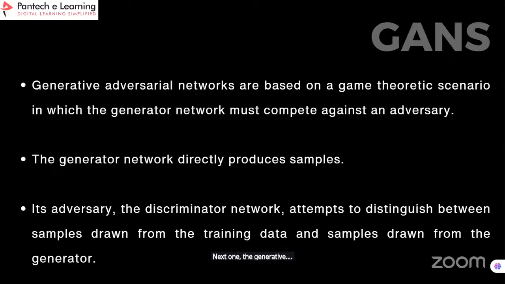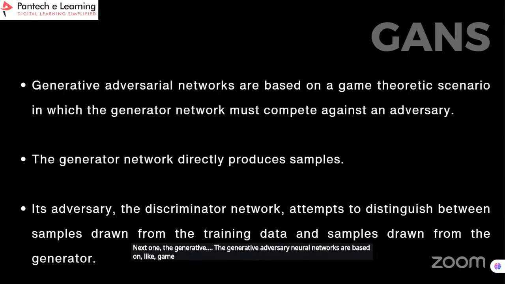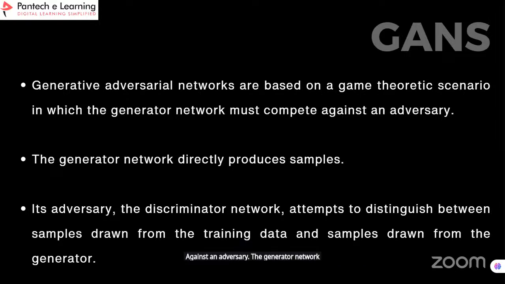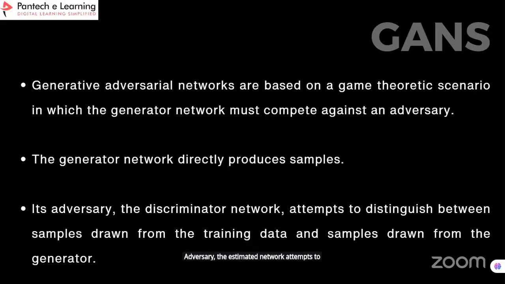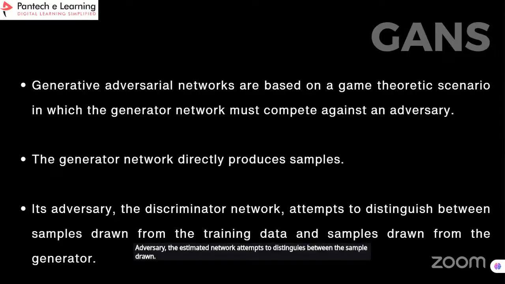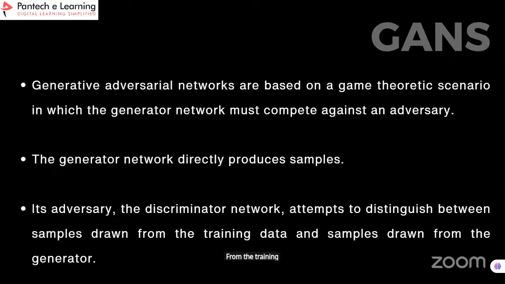Generative adversarial neural networks are based on a game theoretic scenario in which the generator network must compete against an adversary. The generator network directly produces samples. The discriminator network attempts to distinguish between samples drawn from the training data and samples drawn from the generator.